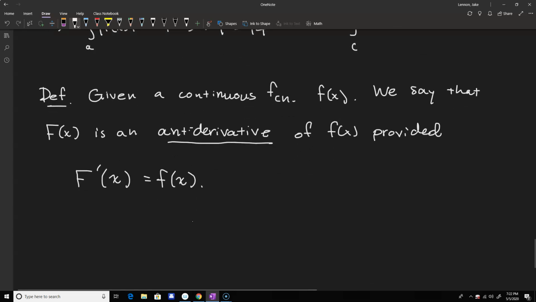So basically we're thinking about the derivative in the reverse order.